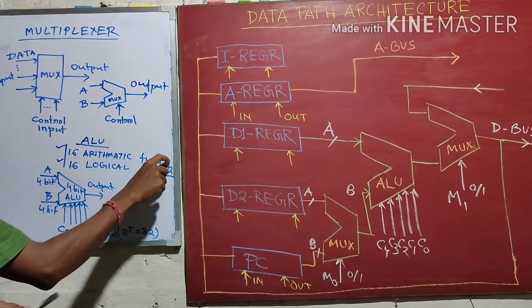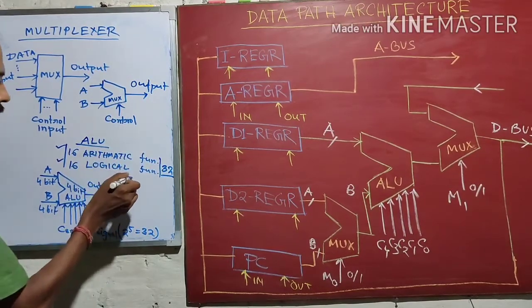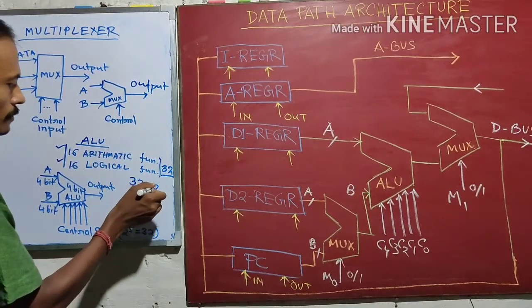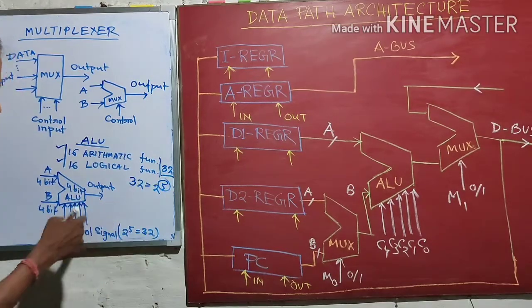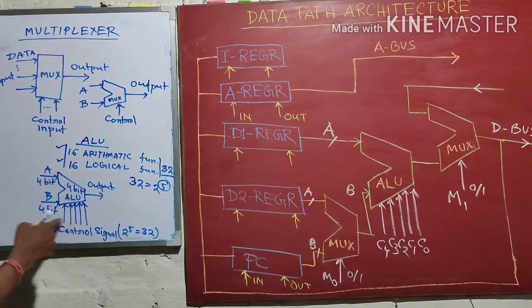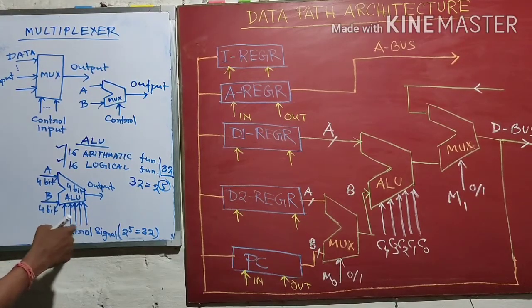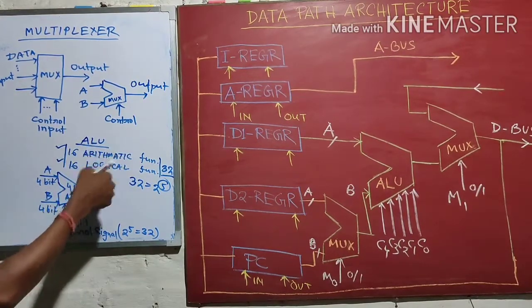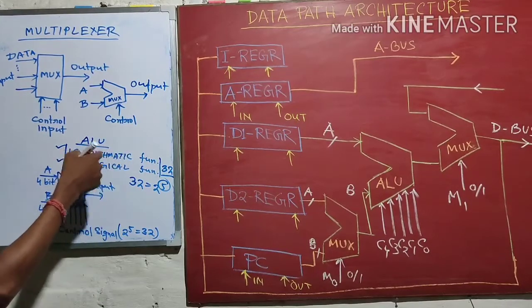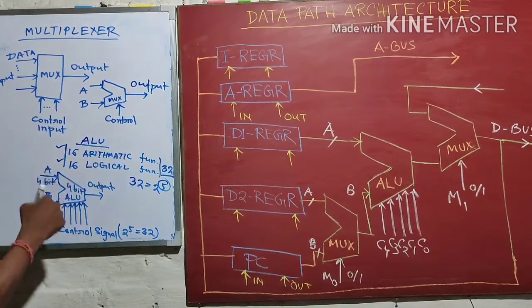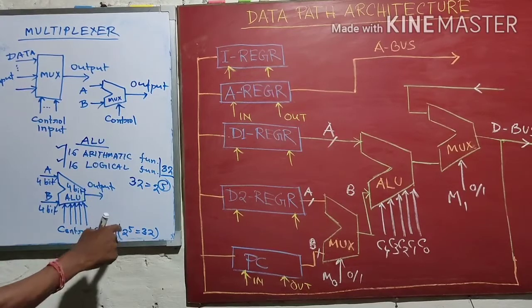As there are a total of 32 functions, and 32 equals 2 to the power 5, there will be 5 control signals. These 5 control signals will select any one of these 32 functions to be performed by the ALU, and on the basis of the data, the output will be obtained.